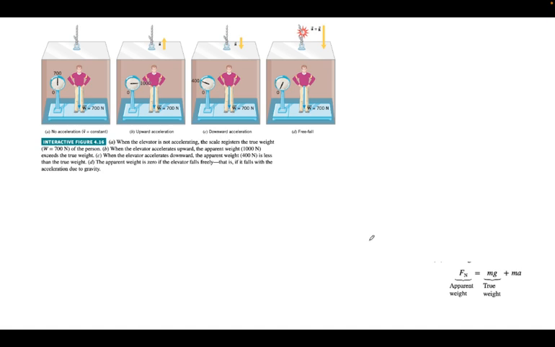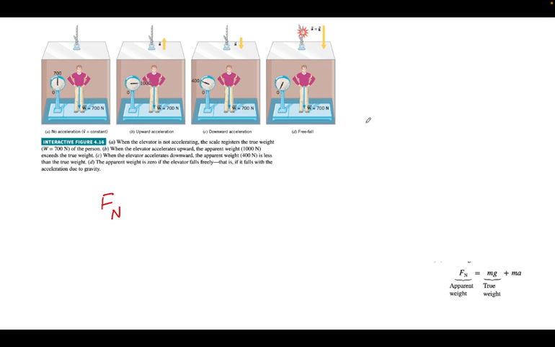In this example you can see a person standing in an elevator, and the elevator is also indicating the total force being applied, which is known as the apparent force, which is the normal reaction given by this body.